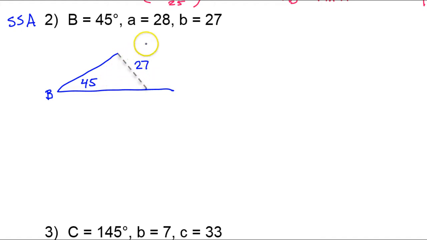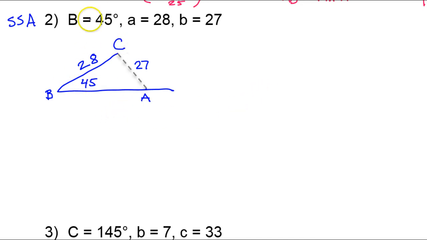Now the 28, the other side that we're given, should be this side of the angle. So I'm going to put the 28 right here. Now if this is side A, that means this must be angle A down here. That leaves angle C, which must be this up here.